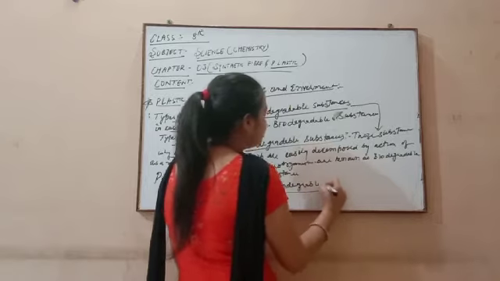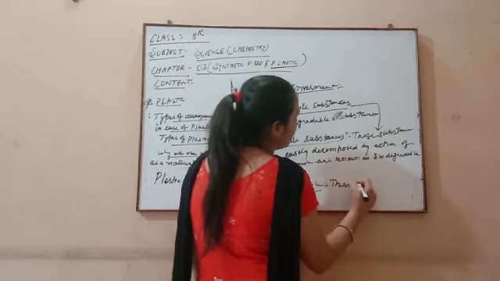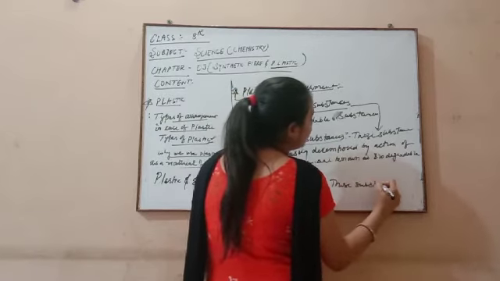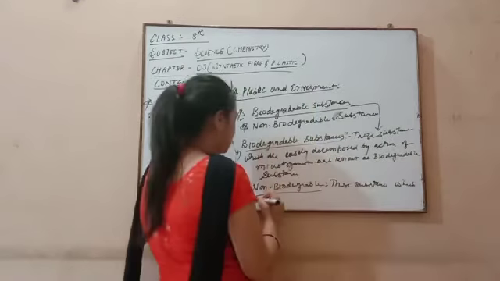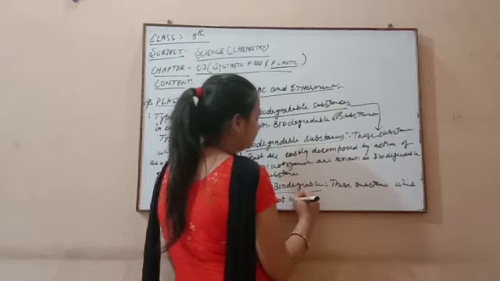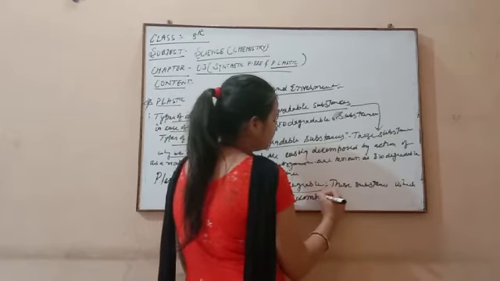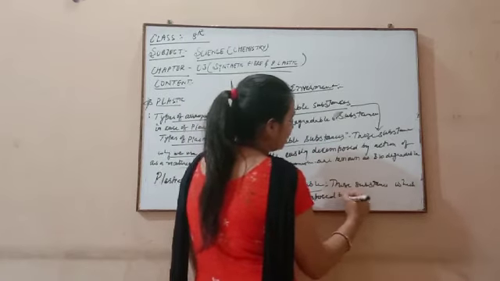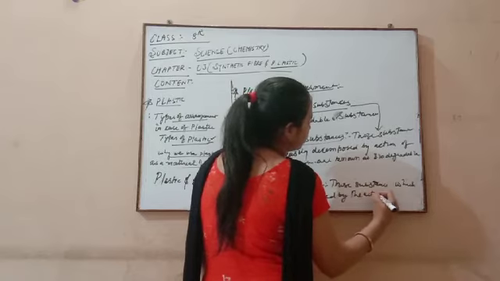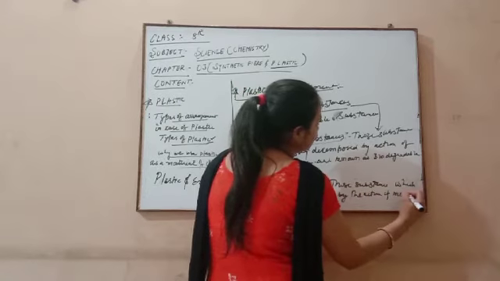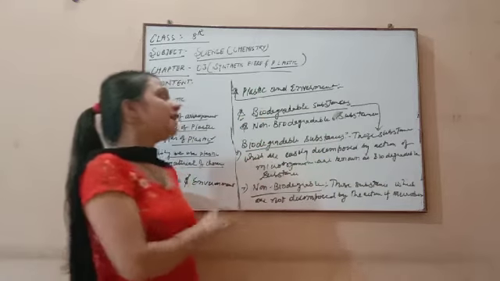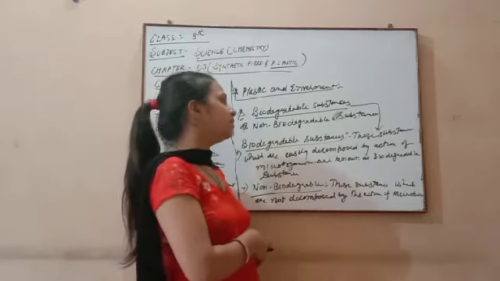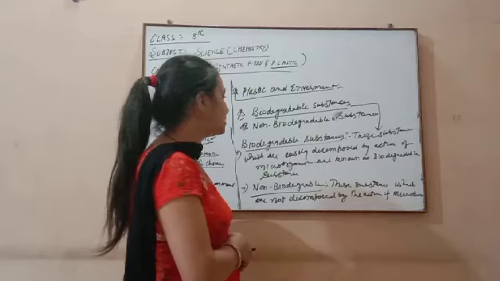Non-biodegradable means those substances which are not degraded, which are not decomposed by the action of microorganisms, microbes. Okay, so those are the two types of substances here: biodegradable and non-biodegradable.